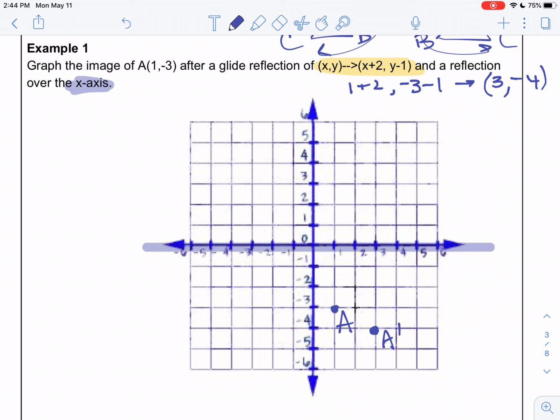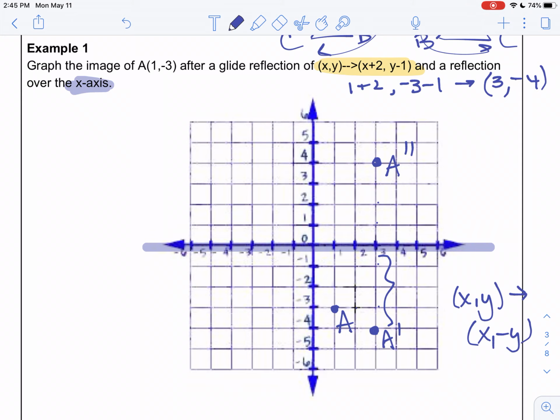We can think about our mapping where (x, y) becomes (x, -y), or we could simply count. Here we're hanging out 4 units below the x-axis, so we'll count up 1, 2, 3, 4 units above the x-axis to get to our final image at A double prime, hanging out at (3, 4).